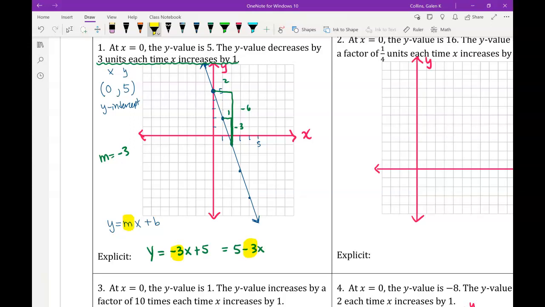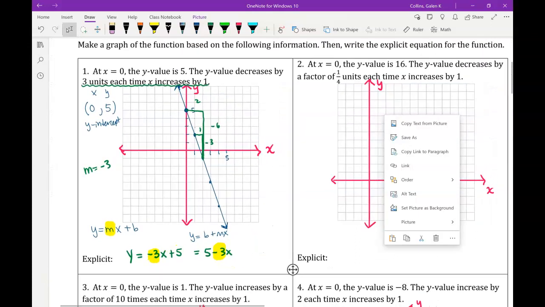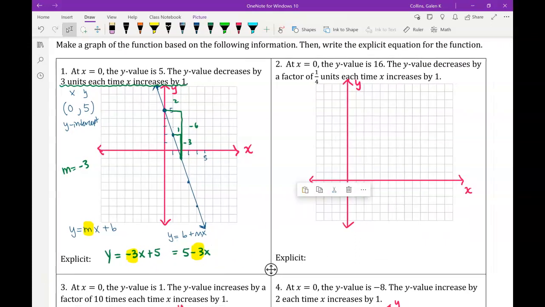Remember, coefficient is a fancy word for the number by which we multiply a variable, and you will hear that in your science classes as well. So since addition's commutative, we could also say b plus mx as long as our slope is what gets multiplied with x. All right, so in number 2, we got to be really careful here.